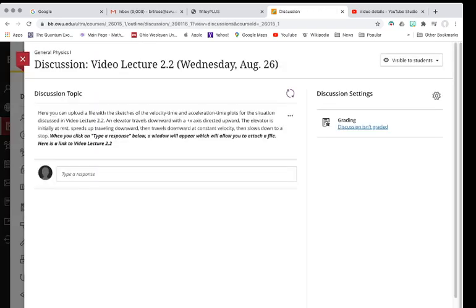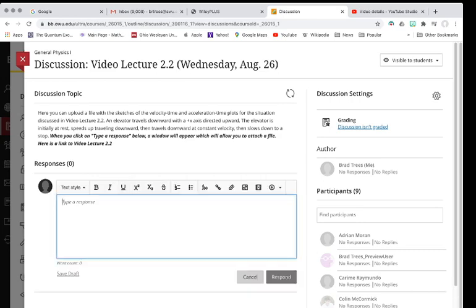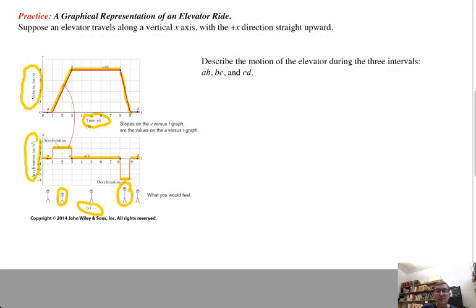And it will open up that discussion topic with a little bit of a description. And then when you are ready to give the answer, you click here and you can either type your answer, or in this case, as you will see, I'm going to have you upload a file, and it's this little paper clip right here that will allow you to upload a file. All right, that's just showing you our Blackboard site, which you will be using a lot this semester.